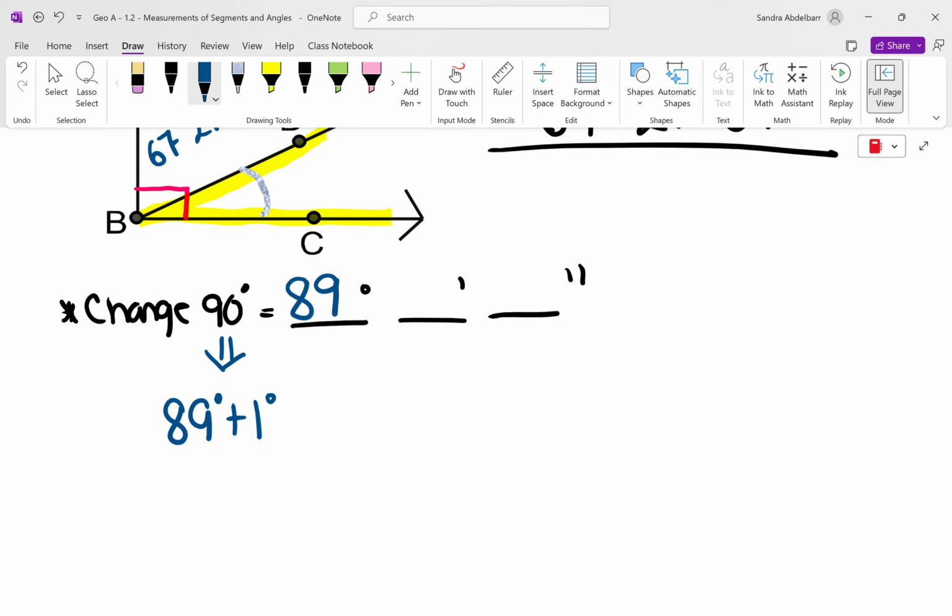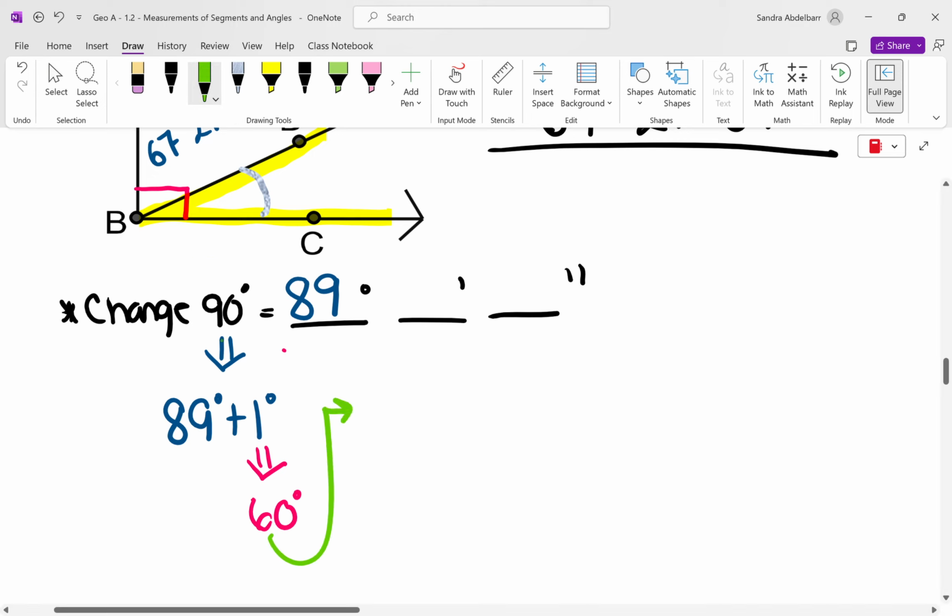And then we're going to keep that 89. Then what am I going to do? Who remembers what I'm going to do? I'm going to change that 1 degree into what? You got it. So we know 1 degree is 60 minutes.